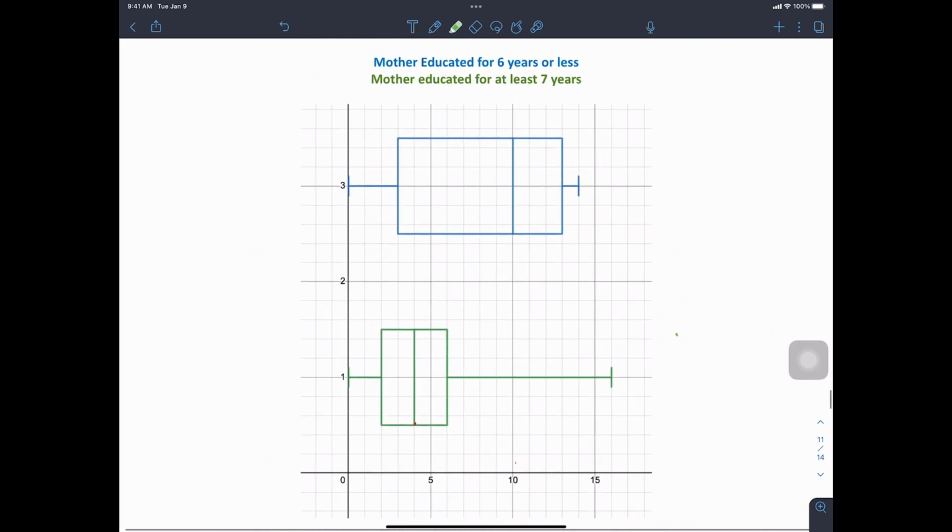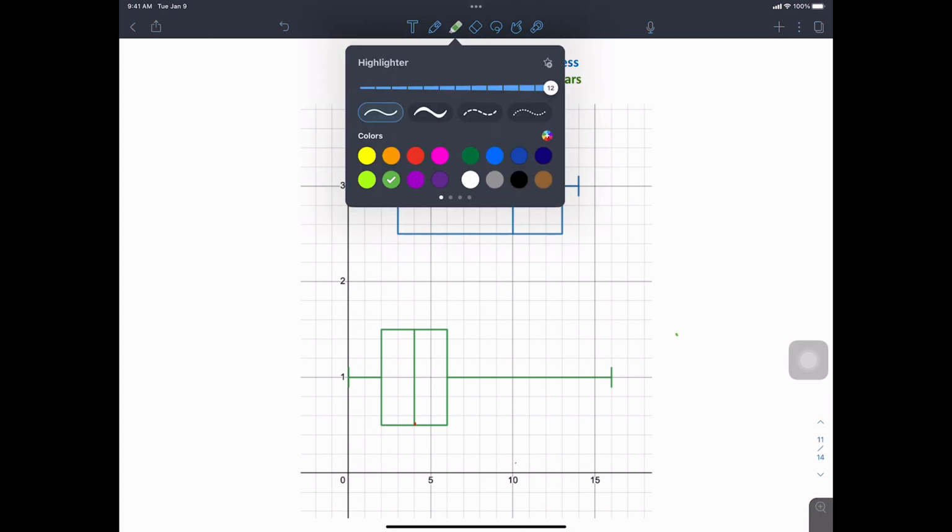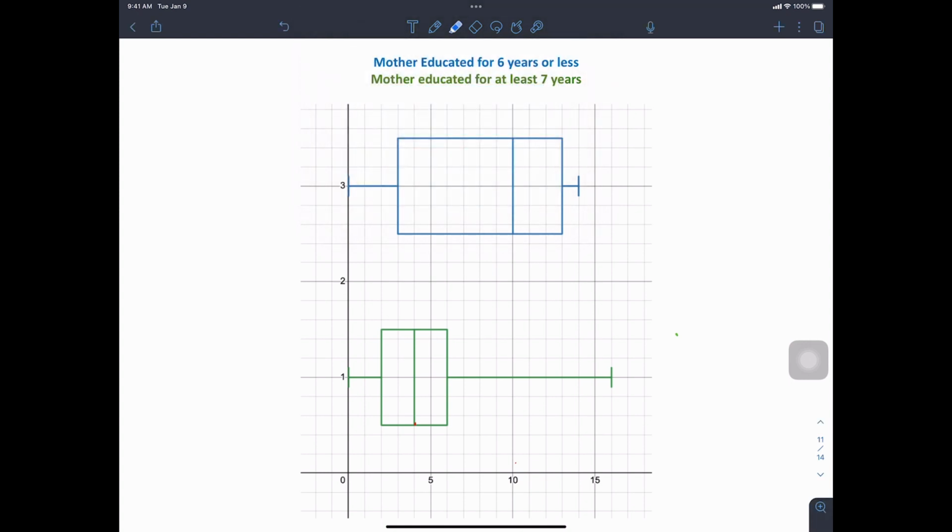Let's see if we can draw any conclusions about this. How do we want to compare? First of all, this is number of kids, right? In blue, would you say that's a left skew or a right skew situation for the top one? I'd say it's left skew.